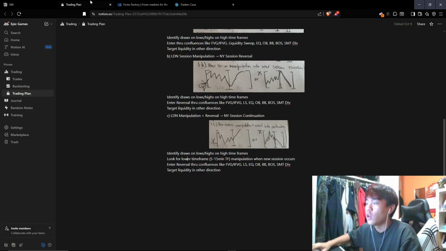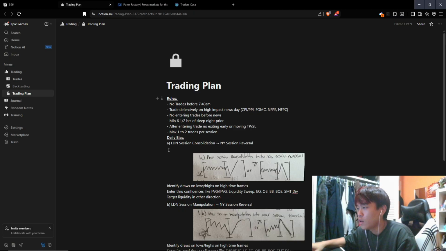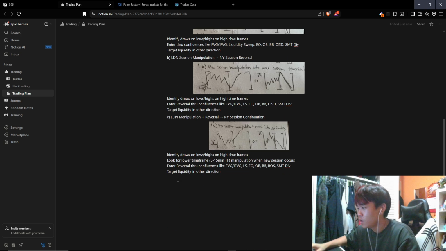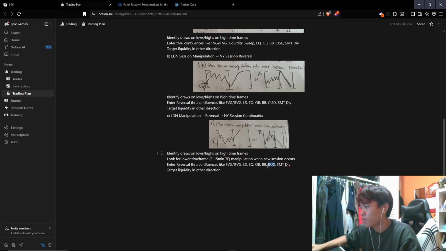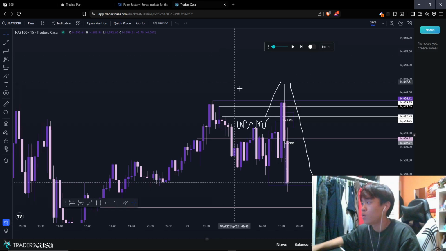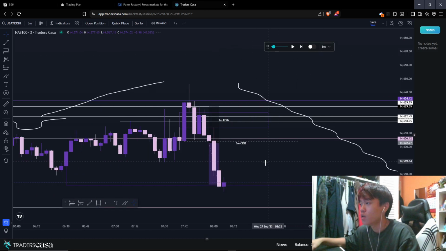I think this is an entry, because London switching consolidation to a New York reversal, and then we enter through confluence like this. Ignore breaker structure. We replace that with CISD. CISD is just so clean. I freaking love CISD.